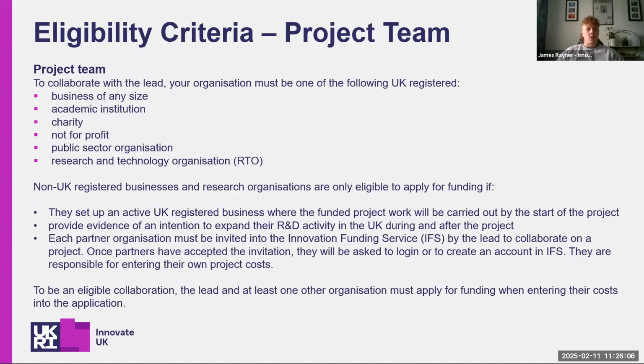Non-UK registered businesses and research organisations are only eligible to apply for funding if they set up an active UK registered business where the funded project work will be carried out by the start of the project, and provide evidence of an intention to expand their research and development activity in the UK during and after their project. Each partner organisation must also be invited into the Innovation Funding Service by the lead to collaborate on a project. Once partners have accepted the invitation, they will be asked to log in or create an account in IFS, and they are responsible for entering their own project costs.